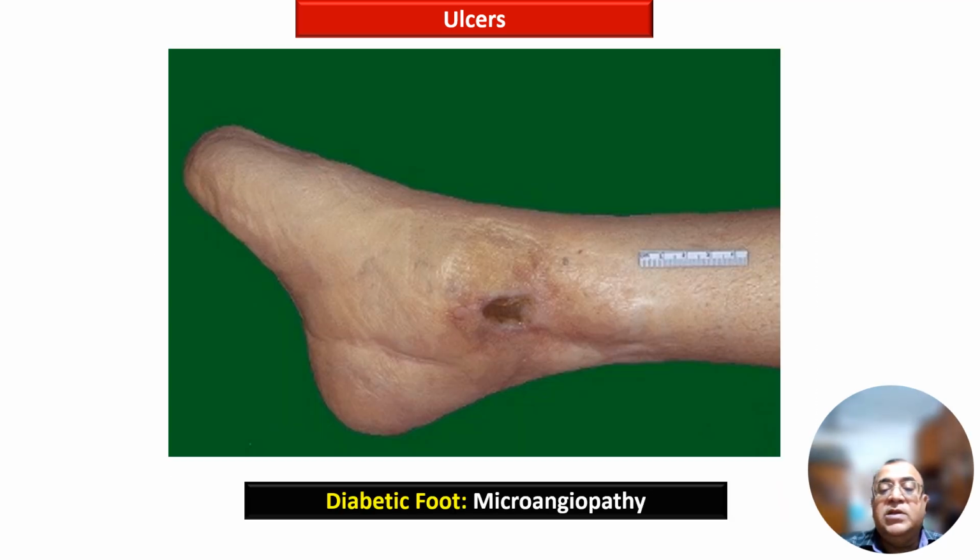Microangiopathy is one of the long-term complications of diabetes mellitus. Over here you can see there is a presence of an ulcer. These ulcers are common in diabetic patients who have had this disease for more than 10 to 15 years. The already amputated toes are also seen in this picture.